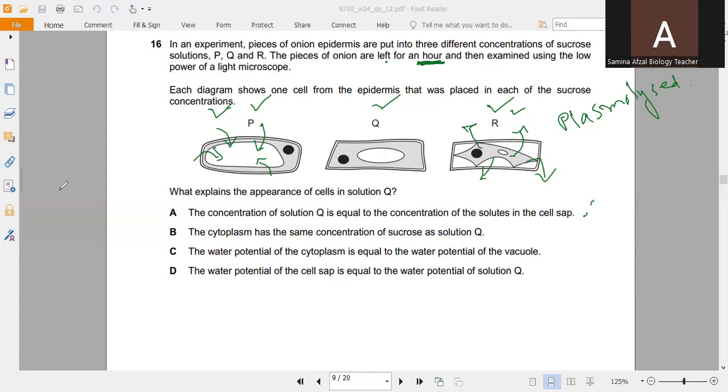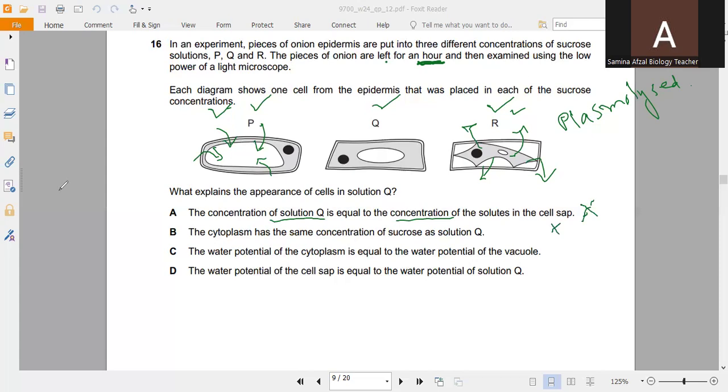This is not correct because we are talking about the water, which will always move when the water potential is high from one side to the other. So it will move towards that side where the water potential is low.